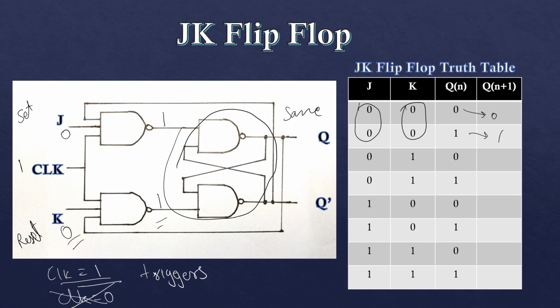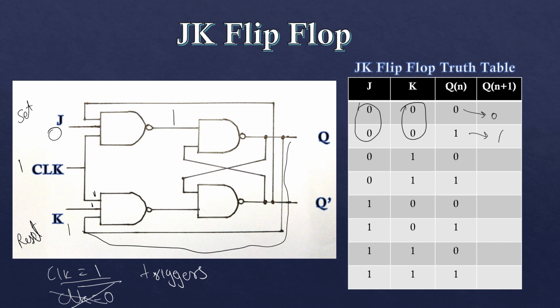Okay. Now next, take the second case. So J will be 0 and K will be 1. What will happen? J being 0 means the output will be 1 compulsorily. Now here in the K gate, clock 1 will come here, and K will be 1, and from here the Q value will go this way.